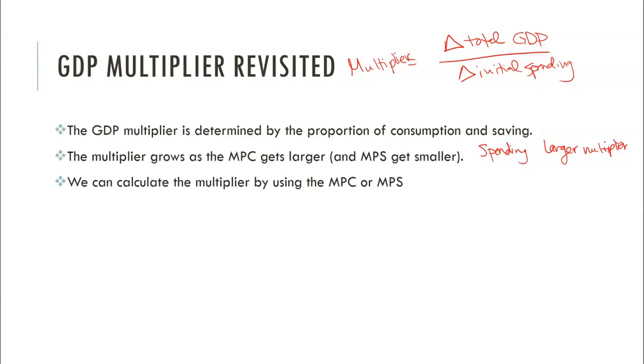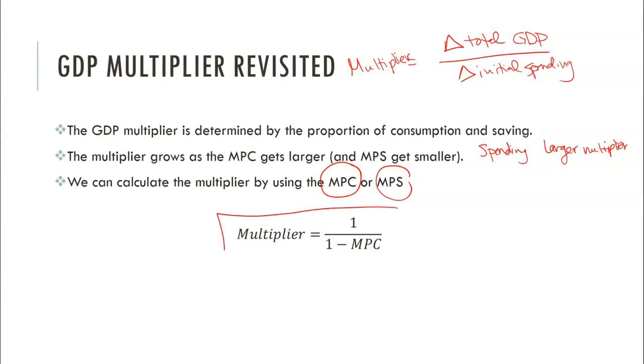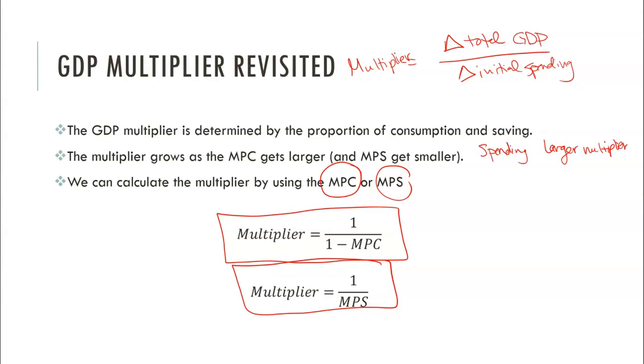So we can actually calculate the GDP multiplier using the number we get for the MPC or the MPS. Our standard formula is 1 divided by 1 minus MPC. We can also rewrite this equation as 1 divided by MPS, and we can do that because 1 is equal to MPC plus MPS.